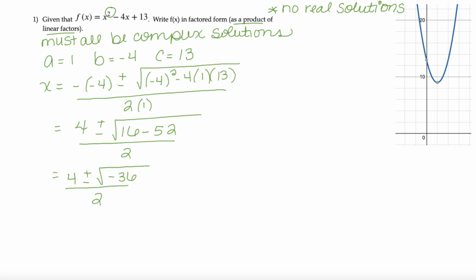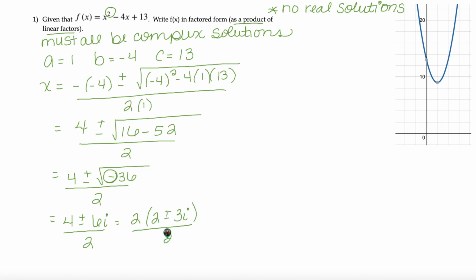I can take the square root of negative 36, but remember when we have the negative, that becomes the imaginary portion. I now have 4 plus or minus 6i over 2. The numerator is all divisible by 2, therefore 2 plus or minus 3i over 2.